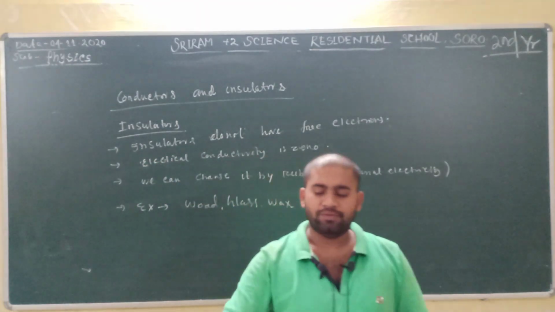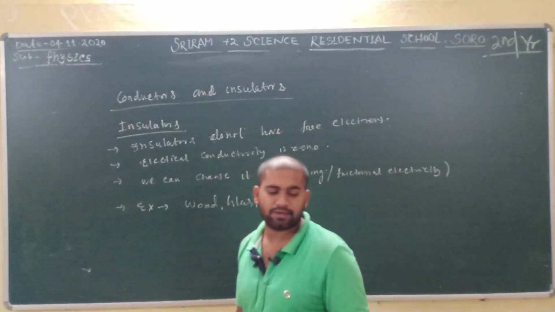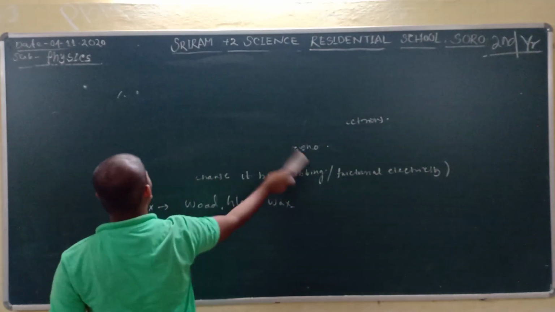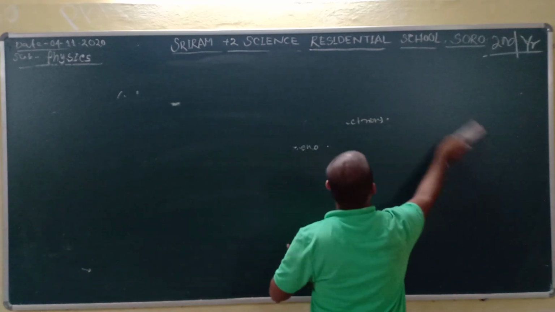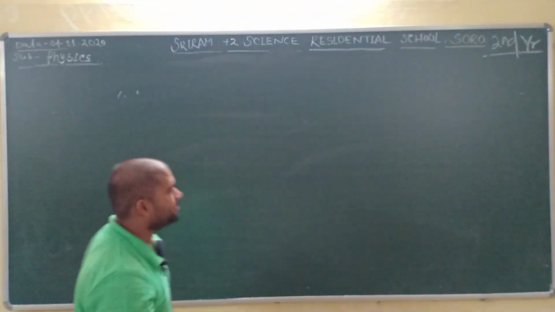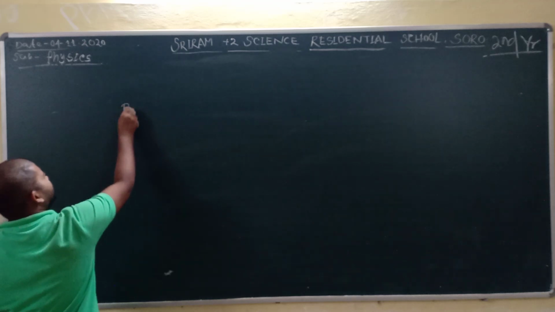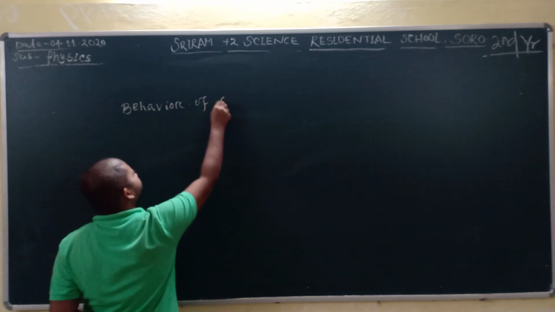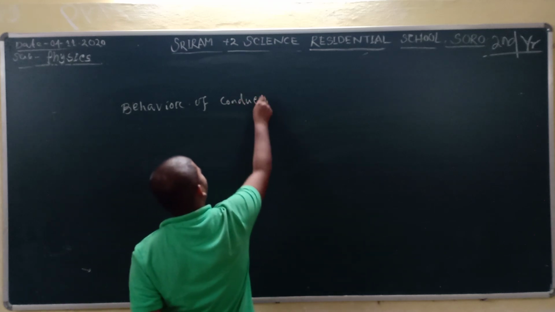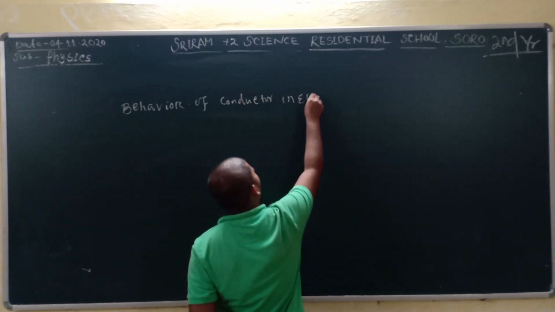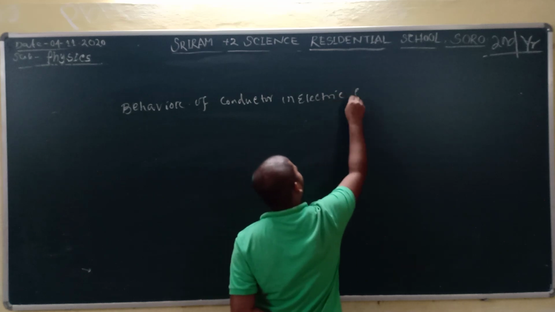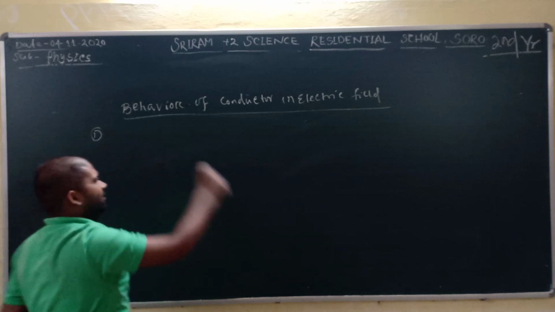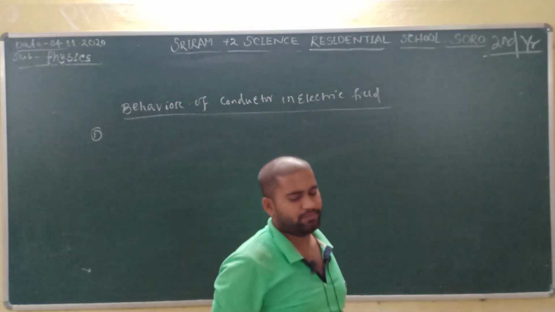Okay, now let's take the behavior of a conductor in an electric field. We put it in point format.